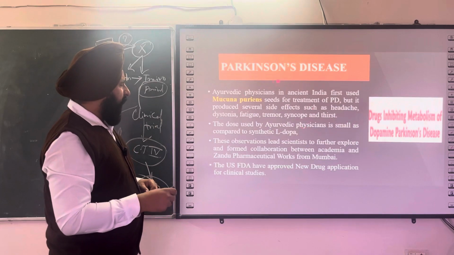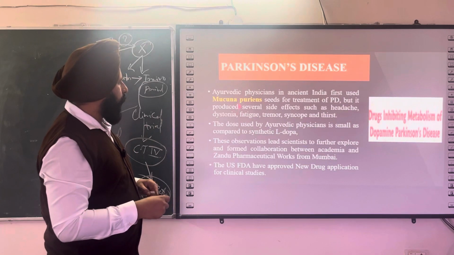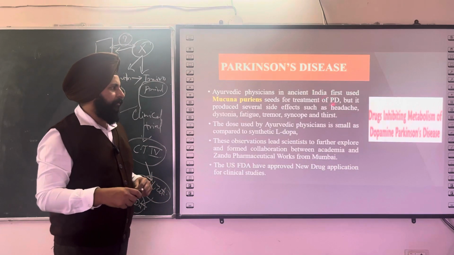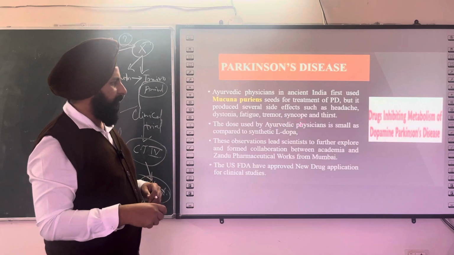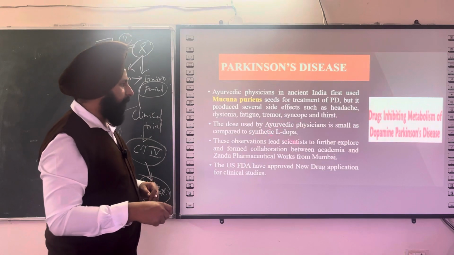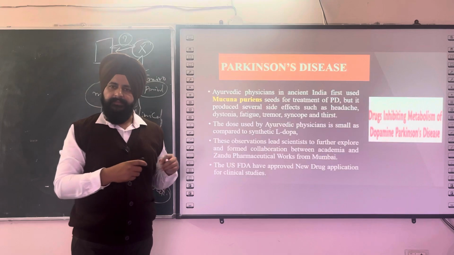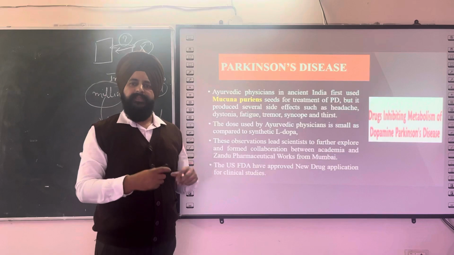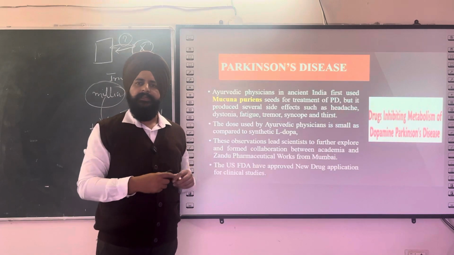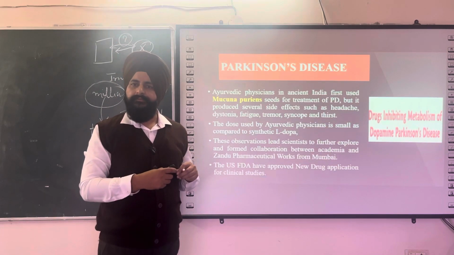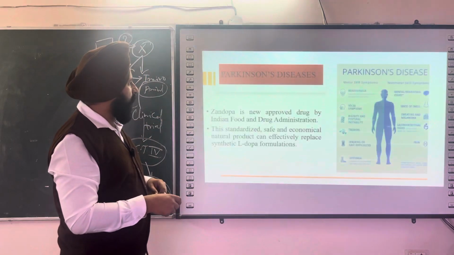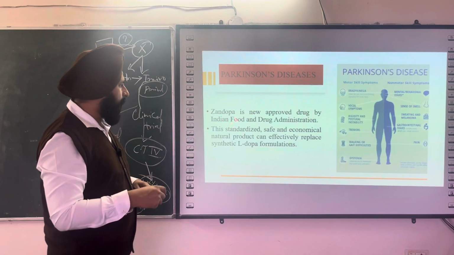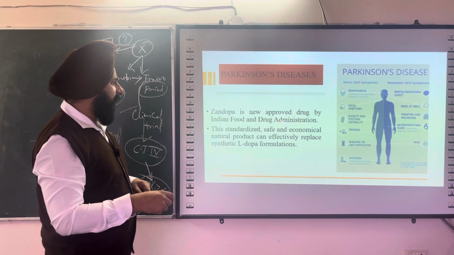Next, in the case of Parkinson's, you know that Mucuna pruriens, the seed of this plant, was used for the treatment of Parkinson's, because levodopa is already available as a primary therapeutic agent for the treatment of PD, not for the management of Parkinson disease, because it only slows down the symptoms. So this particular plant was available under the brand name Zendopa, and it was approved by the FDA.